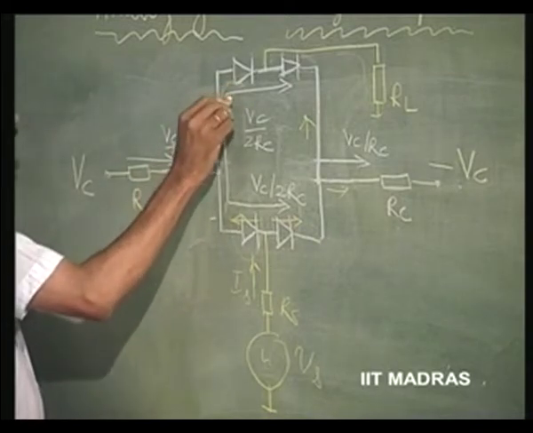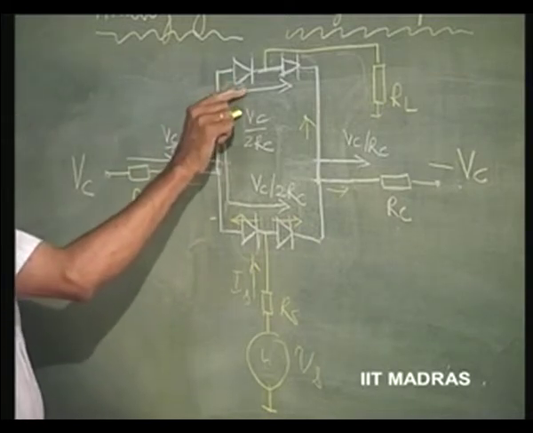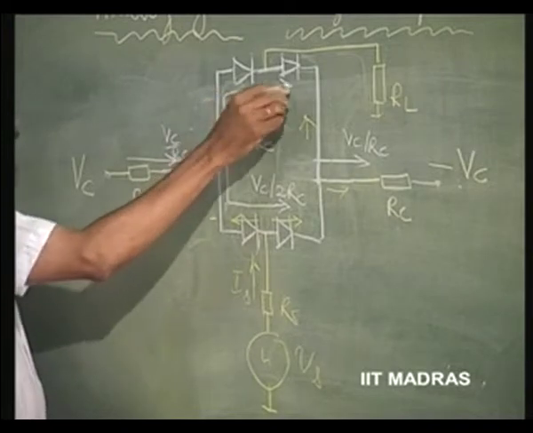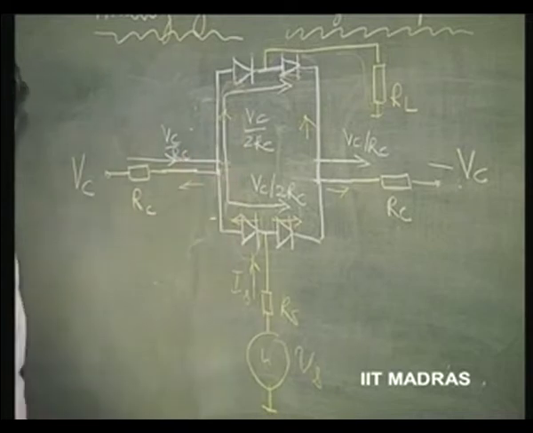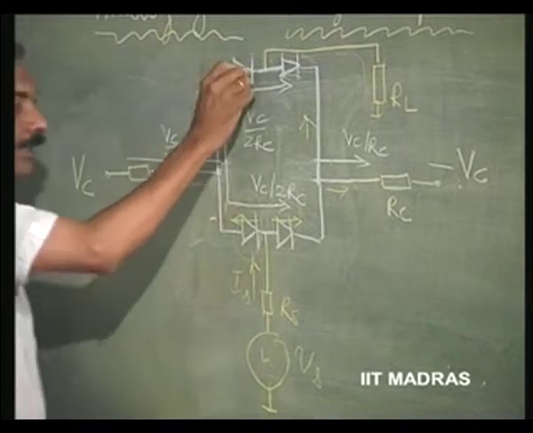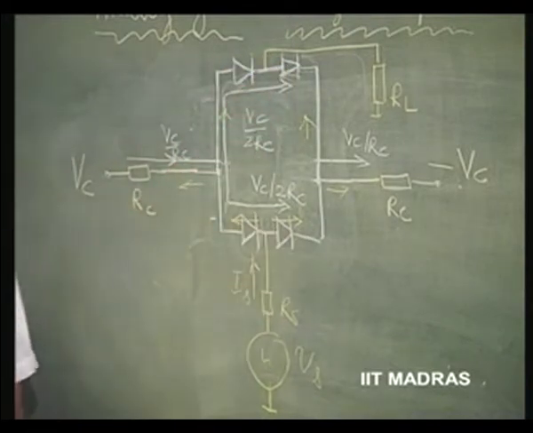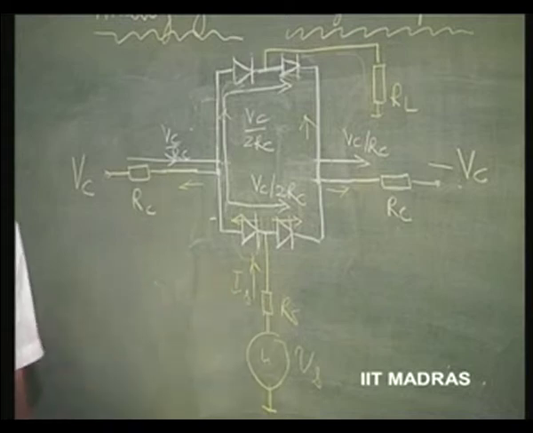The signal current here is going to aid this diode current, and this will have the current in opposition to the control current. But as long as the control current is greater than the signal current, all these diodes will continue to conduct and they can be ideally replaced by short circuit.